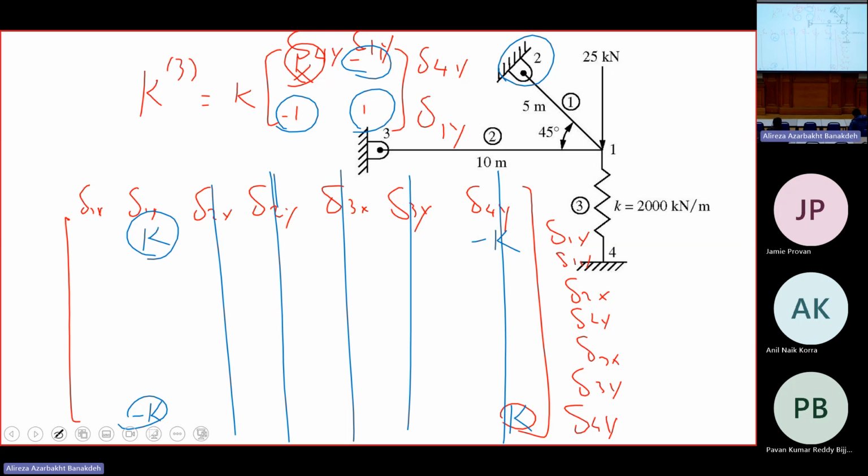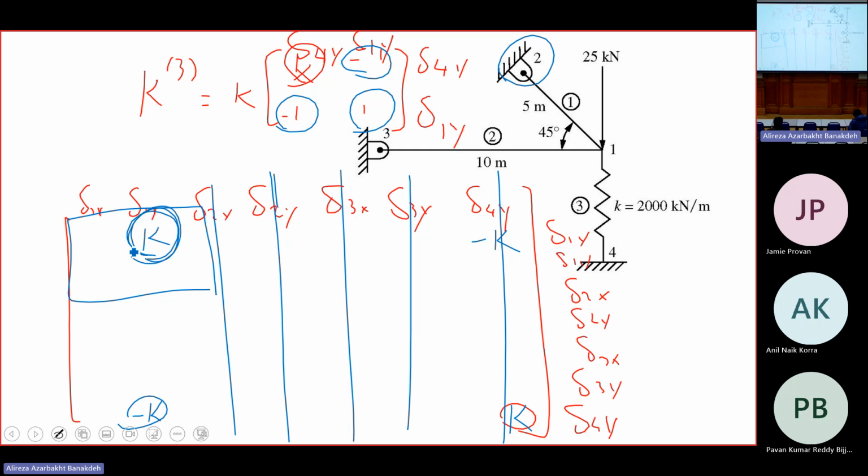So from the 7 by 7, only rows number 1 and 2 will be remaining. Means only 4 elements here will be remaining. And only this k will get into the calculations for determining the unknown deformations. The other k's are somewhere else.